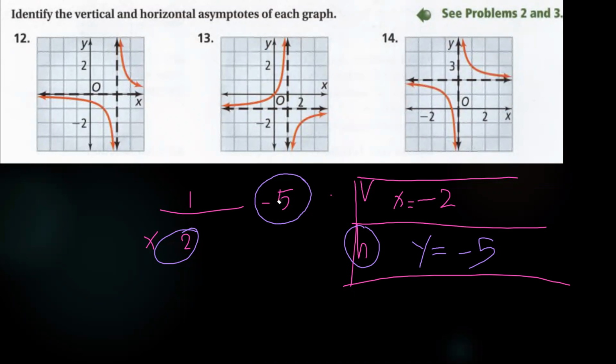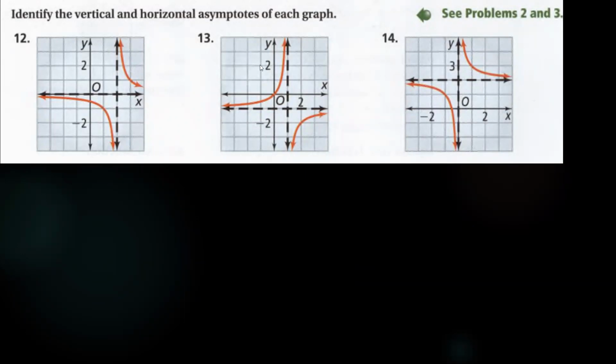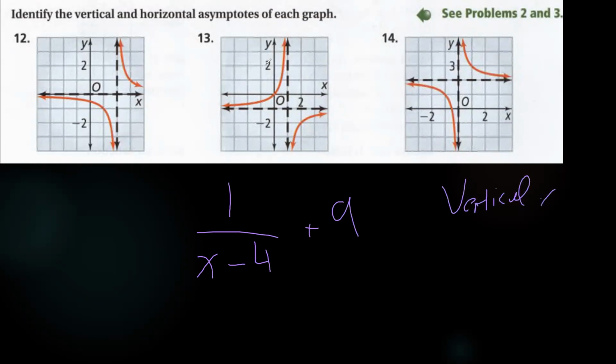Okay, let's take other numbers, such as 1 over x minus 4 plus 9. What is the vertical asymptote? At x equals 4.